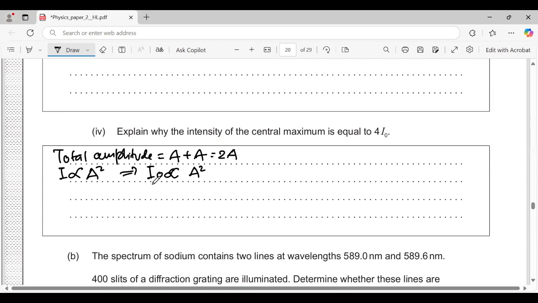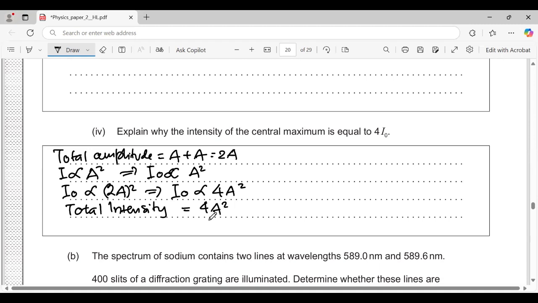So it means the total intensity is proportional to the total amplitude 2A, squared, so it's going to be proportional to 4A squared.